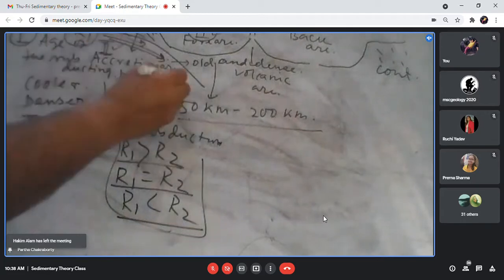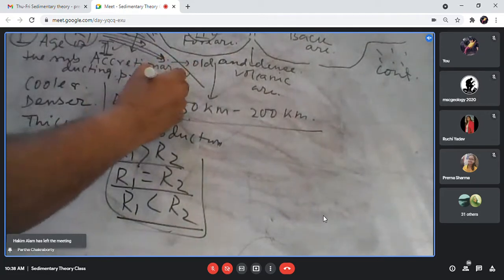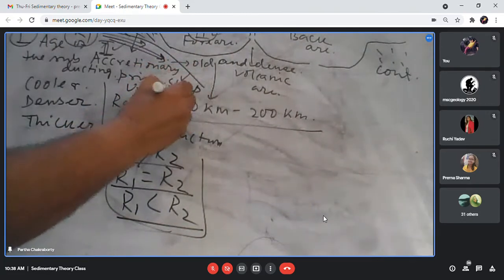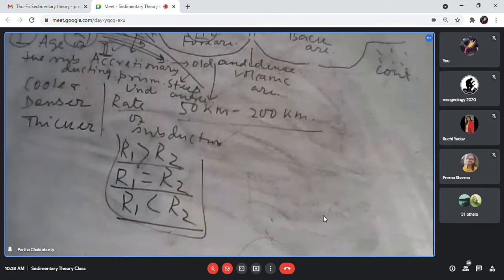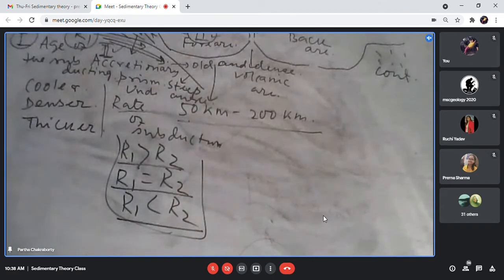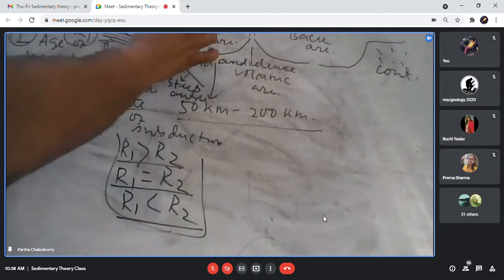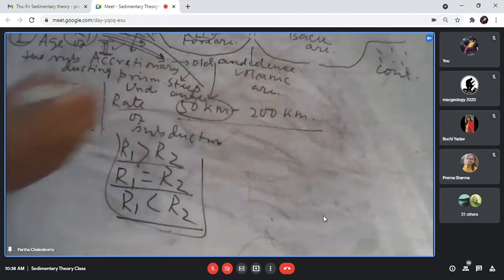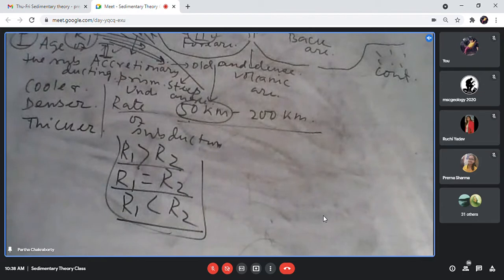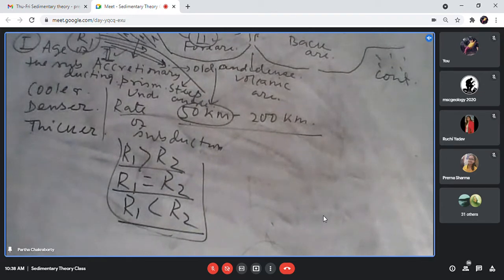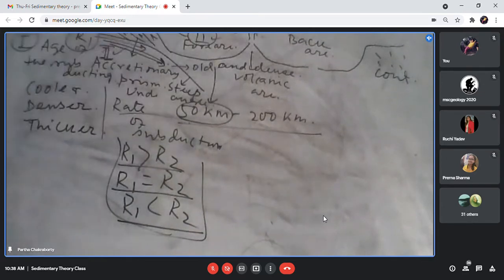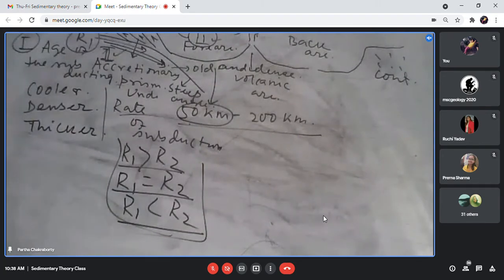Then the subduction will be at a steep angle. If it is steep angle, the arc trench gap will be low, around 50 to 60 kilometers, because the volcanic arc will be close to the outer arc. The arc trench gap will be small.